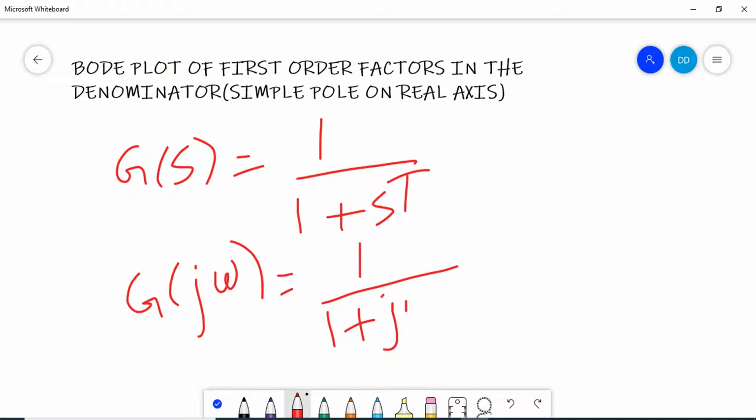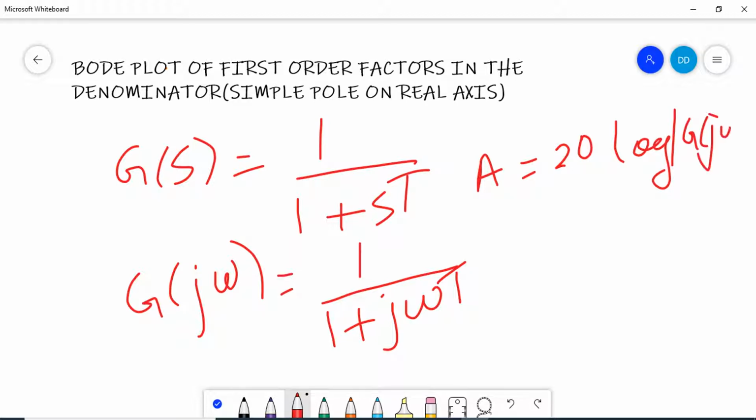So now we need to have the magnitude as well as the phase angle. So what will be its magnitude? Magnitude A is equal to 20 log of magnitude of G(j omega). So what is the magnitude of this G(j omega)?